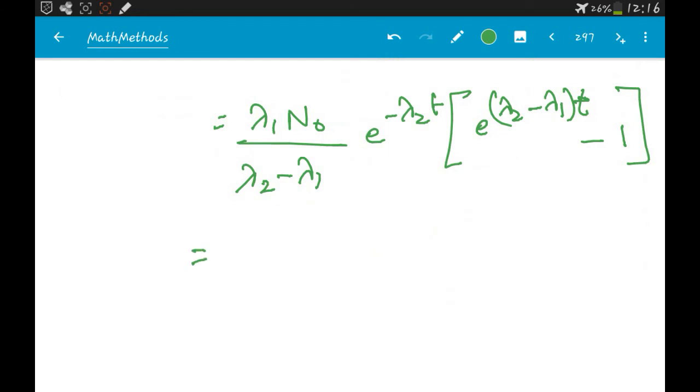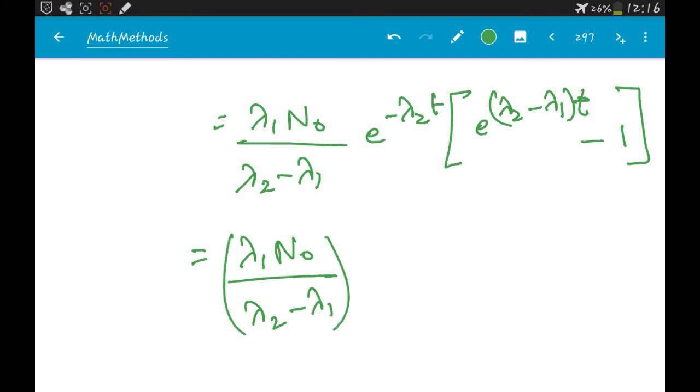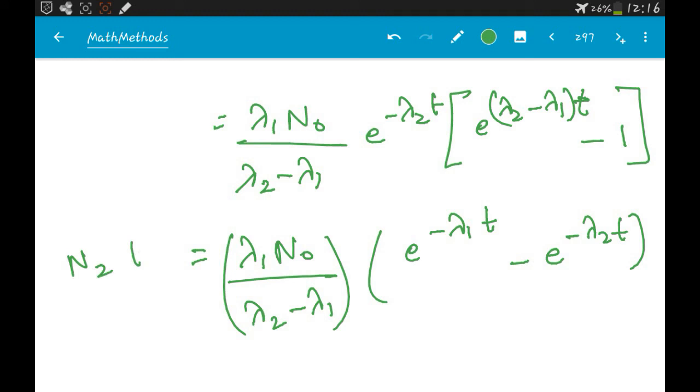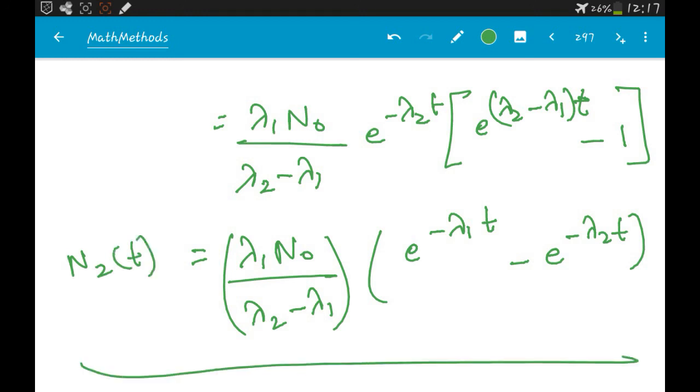Now all we have to do is simplify it, and we get e power minus lambda 1 t minus e power minus lambda 2 t. So you can see that both with the Laplace transform and with the integrating factor method, we get the same result, right? So this is our equation.